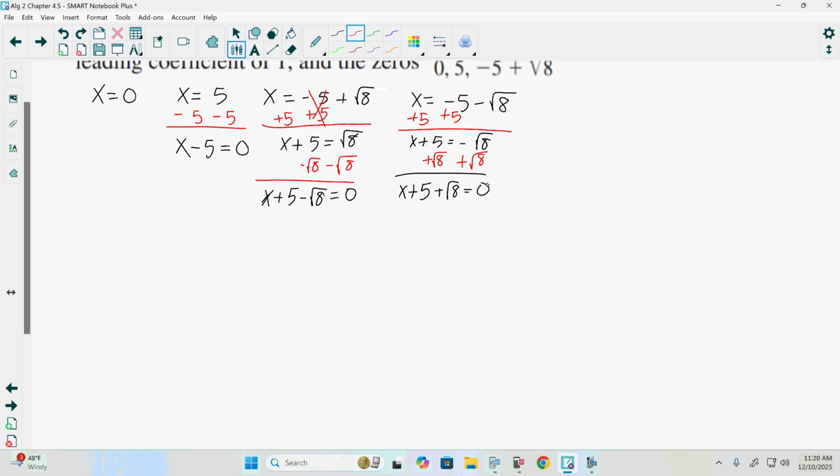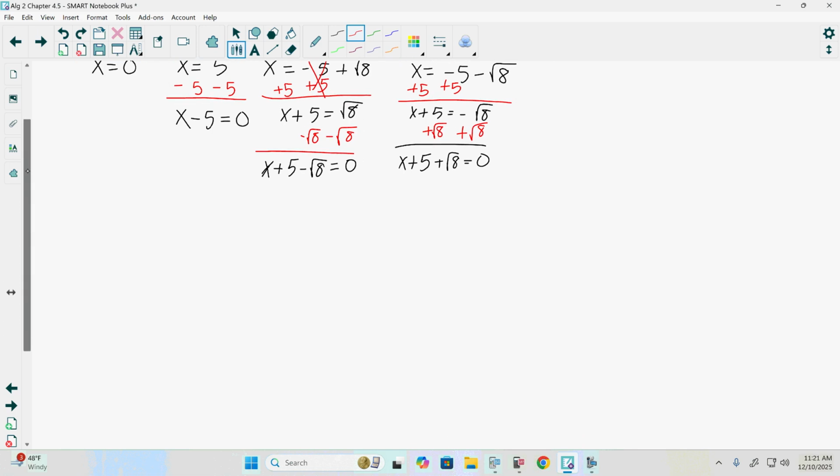Telling us that the 4 factors of our solution are going to be x, x minus 5, x plus 5 minus the square root of 8, and x plus 5 plus the square root of 8.